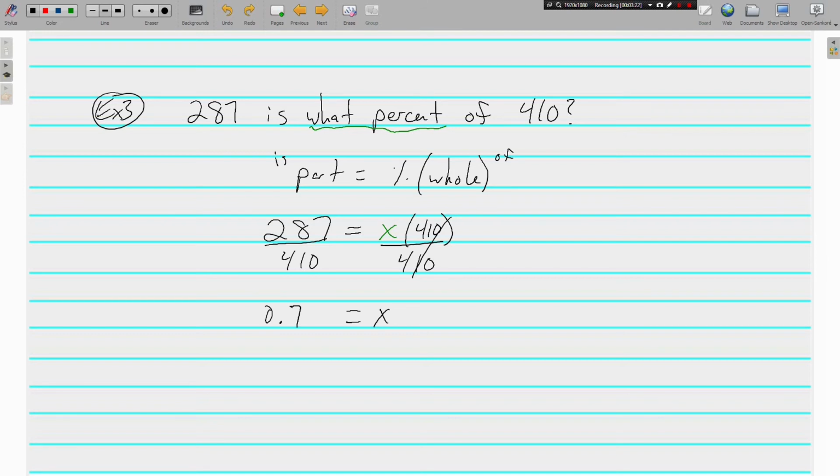But remember, we're looking for a percent. Right now all we have is a decimal. How do we turn a decimal into a percent? Just move it over twice. 70%. 287 is 70% of 410.